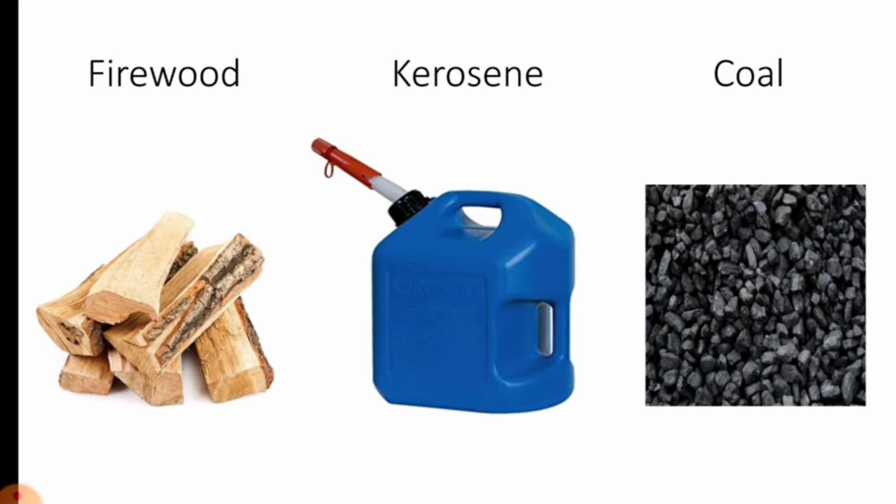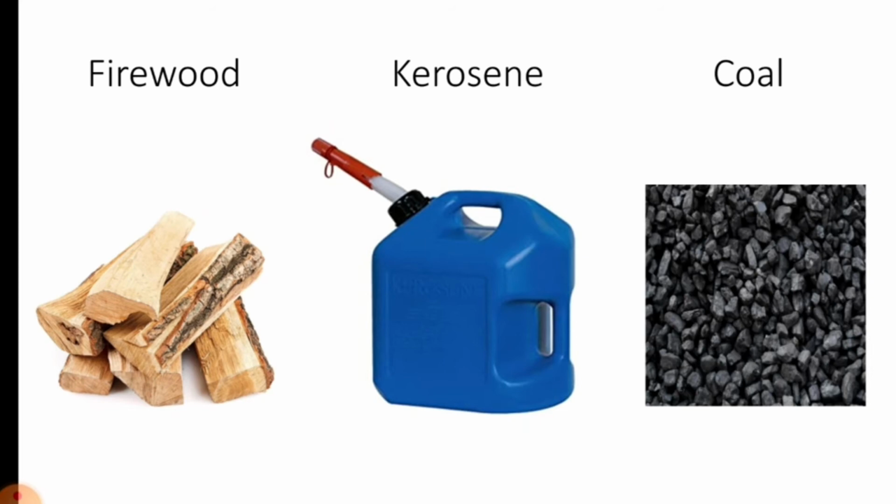Next is kerosene. So this fuel is used in kerosene stoves. Kerosene is a petroleum product and it gives a strong flame while burning. Next is coal. Coal is a fossil fuel. It can burn for a long time and in many places it is burned to get fire for cooking.